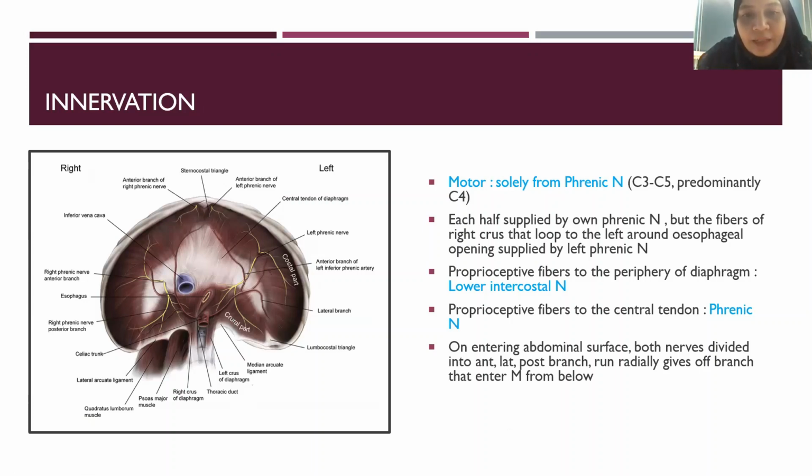The proprioceptive fibers to the periphery of the diaphragm are supplied by the lower intercostal nerves, while the proprioceptive fibers to the central tendon are supplied by the phrenic nerve. On entering the abdominal surface, both nerves divide into anterior, lateral, and posterior branches that run radially and give off branches that enter the muscle from below.